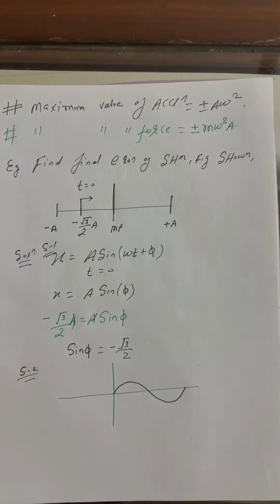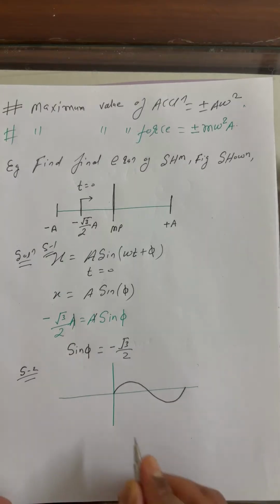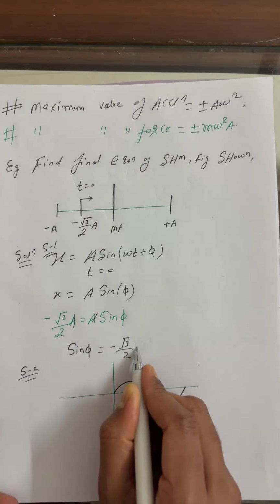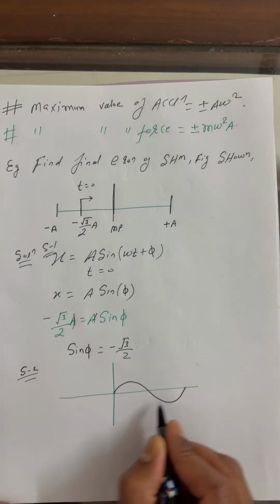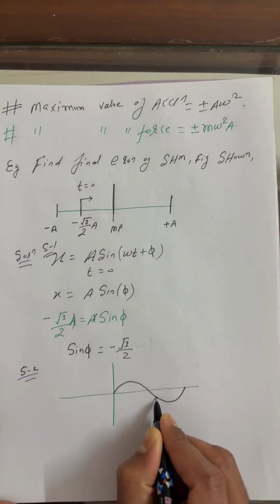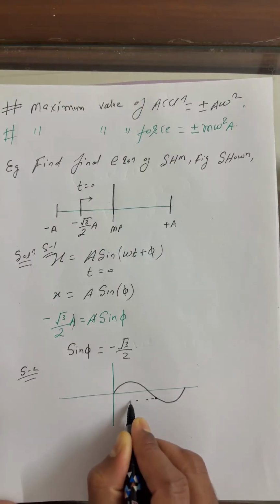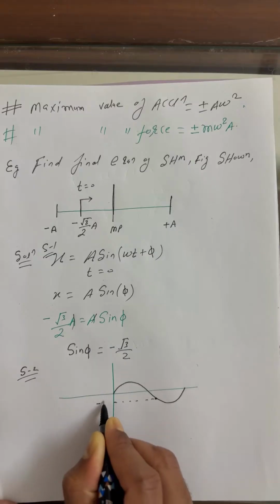Now, this is the conditional beta, the equation of SHM as you know. We wish to find minus root 3 by 2a, so definitely minus root 3 by 2a we will get here.